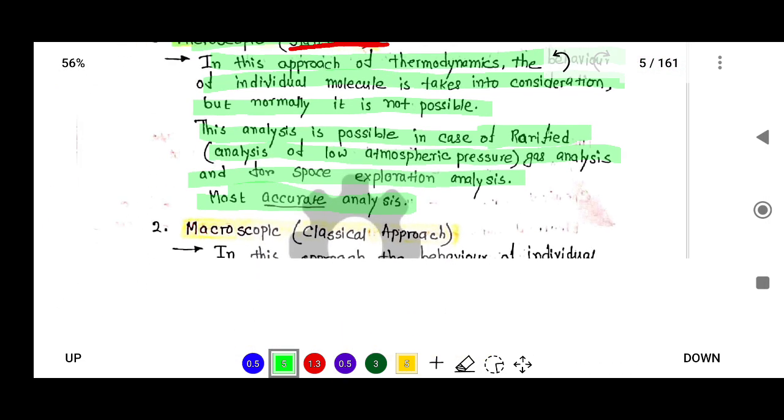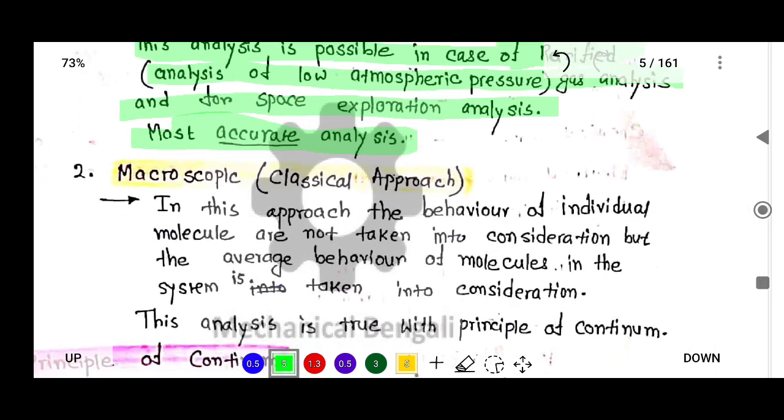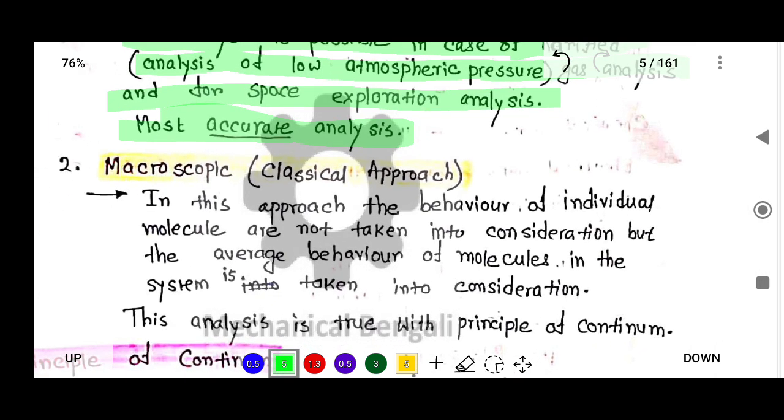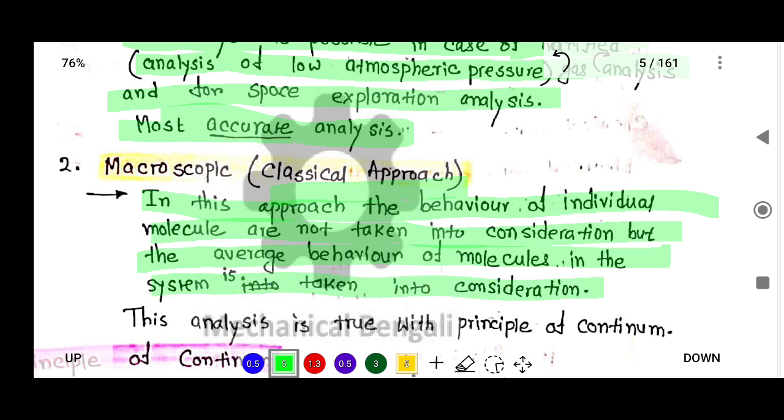Okay, now let's try to understand macroscopic approach. This approach is known as classical approach. What is macroscopic approach? In this approach, the behavior of individual molecule is not taken into consideration, but the average behavior of molecules in the system is taken into consideration.